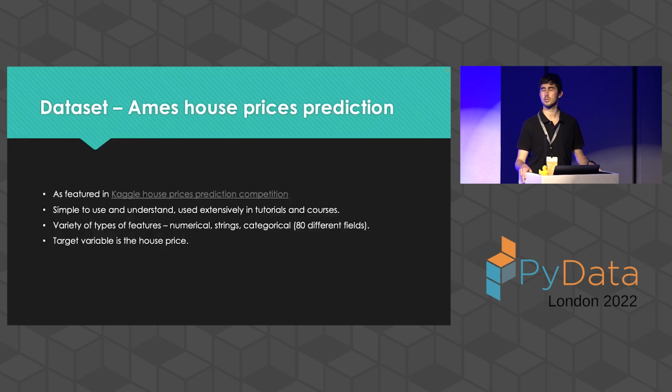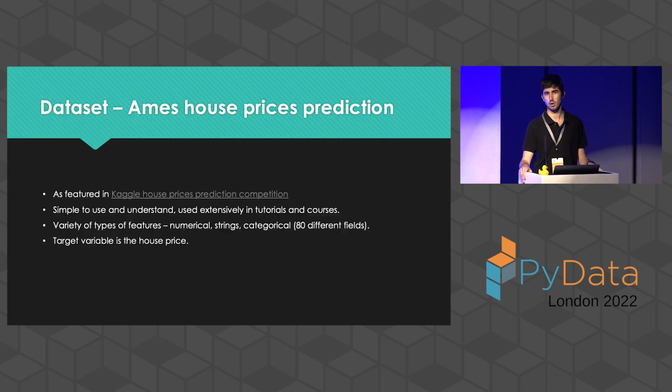The data set we're going to use for our tutorial is a very famous one, quite common in tutorials and data science training in general. It's on Kaggle. You might have encountered it before. It's the Kaggle house prices prediction competition.